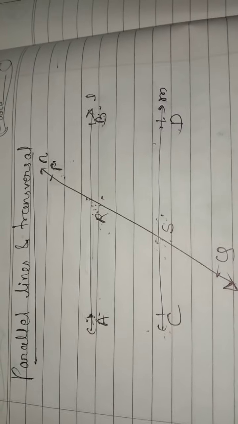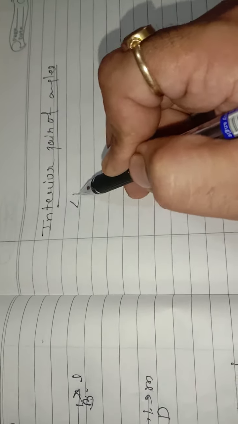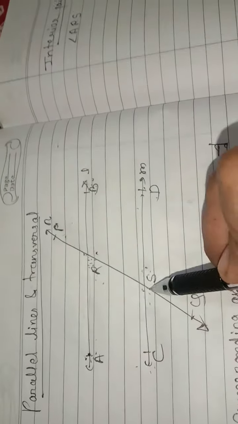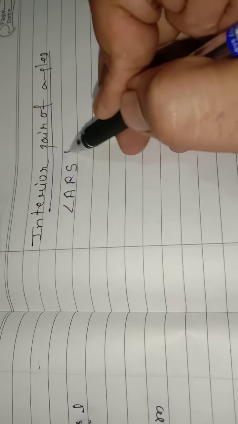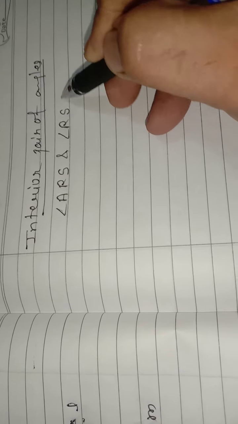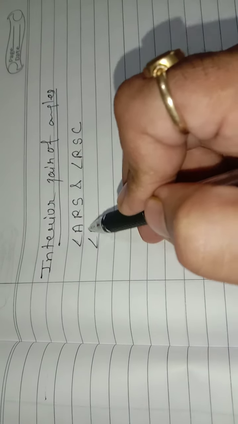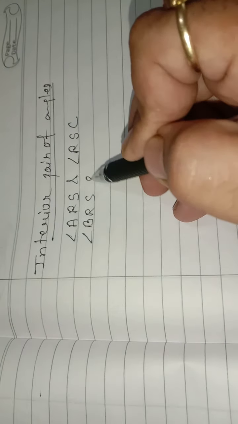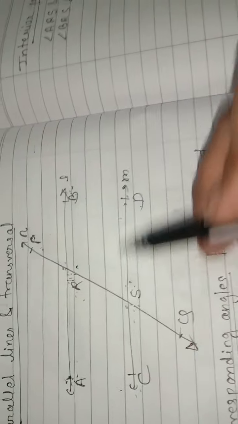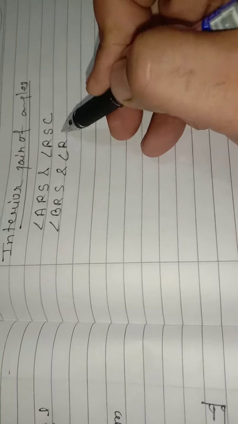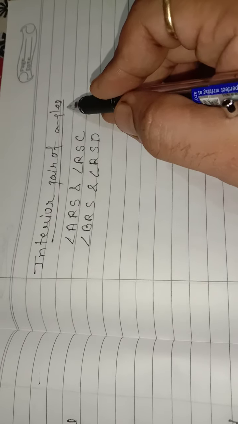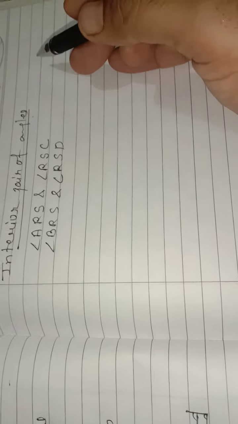So we'll write here the first one, angle ARS and angle RSC. Then angle BRS and angle RSD. Clear? So these are interior pair of angles, angles lying on the same side of the transversal.